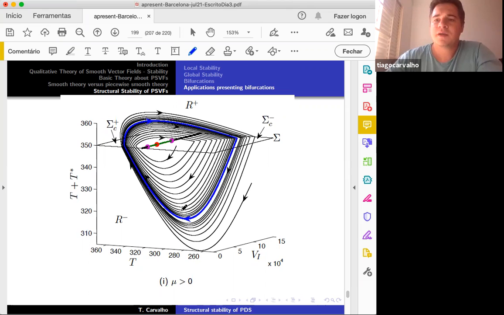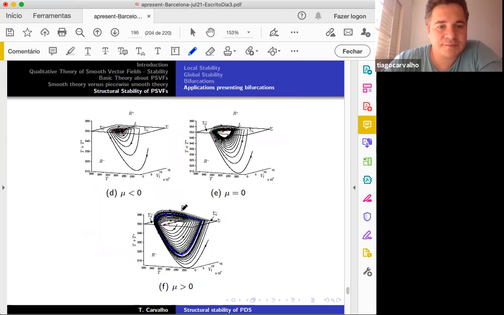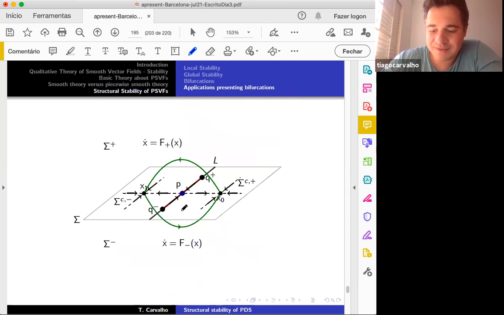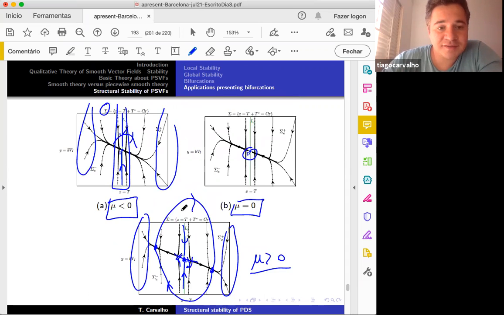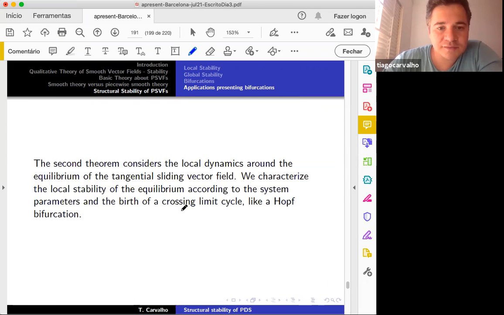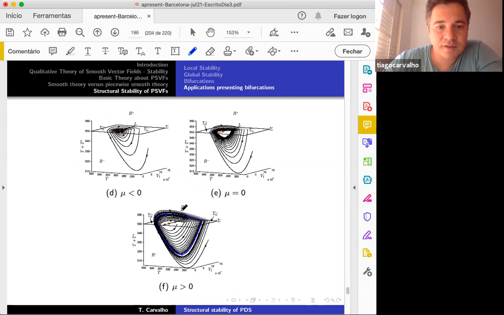In fact, in all these cases, we saw that the protocol, the treatment, the therapy will not eliminate the virus.